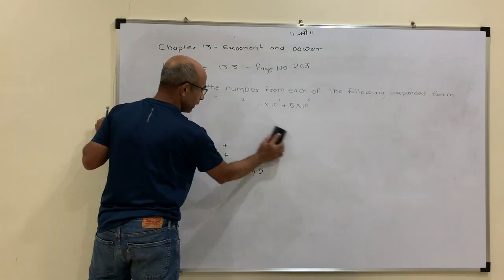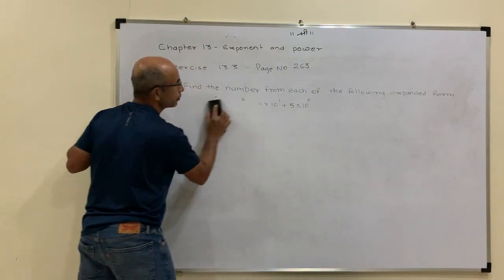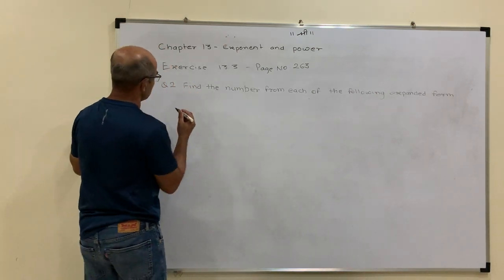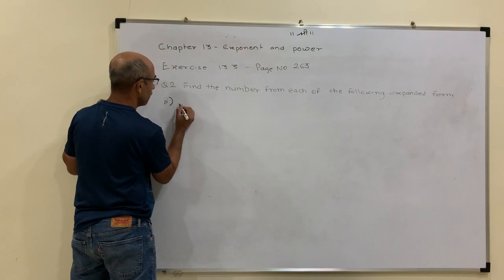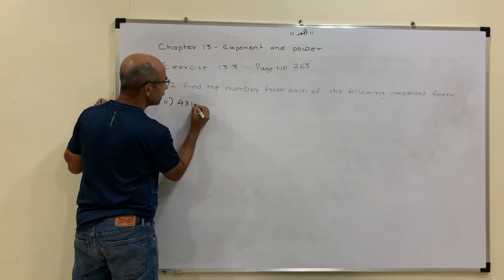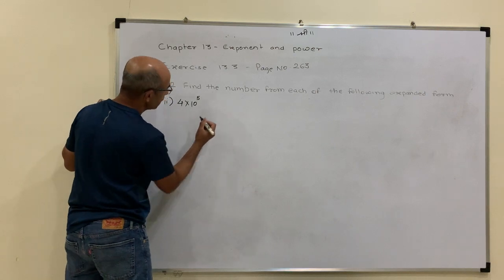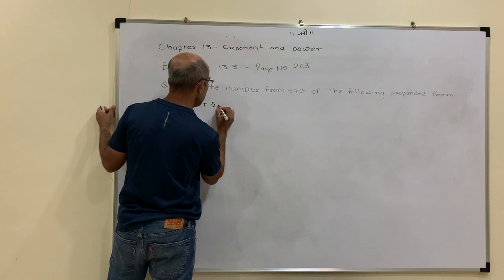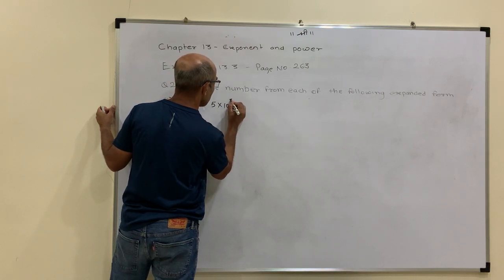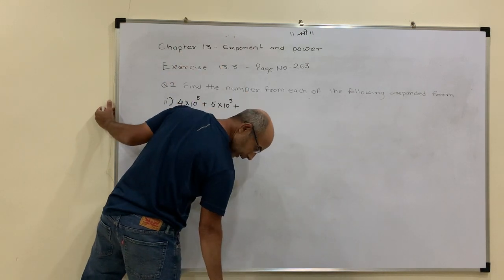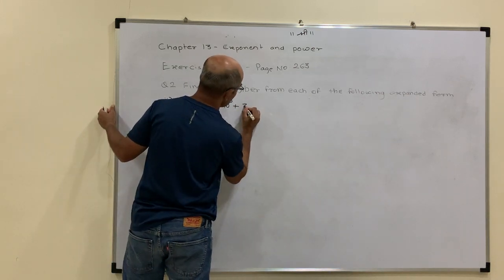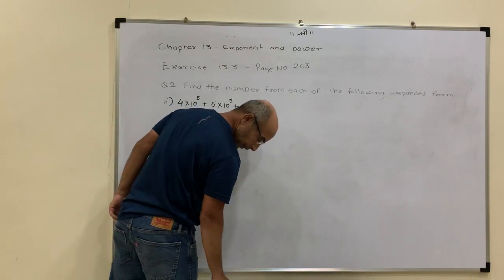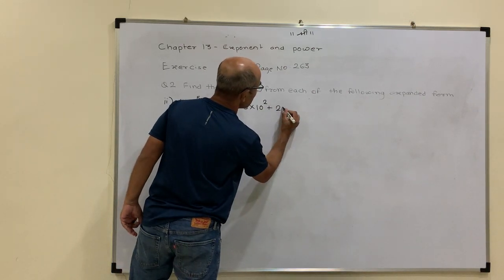The next expanded form is 4 into 10 raised to 5, plus 5 into 10 raised to 3, plus 3 into 10 raised to 2, then 2 into 10 raised to 0.